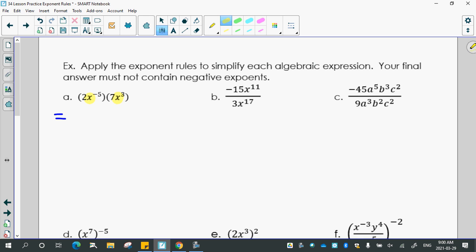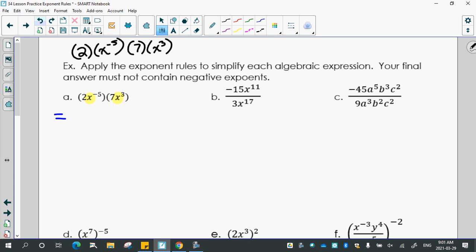So when you've got 2x to the negative 5, it actually means 2 times x to the negative 5. But we don't actually write it like that. We write it as 2x to the negative 5. And same with 7x cubed actually means 7 times x cubed. So when we're multiplying these two terms together, it's actually like multiplying those four things together.